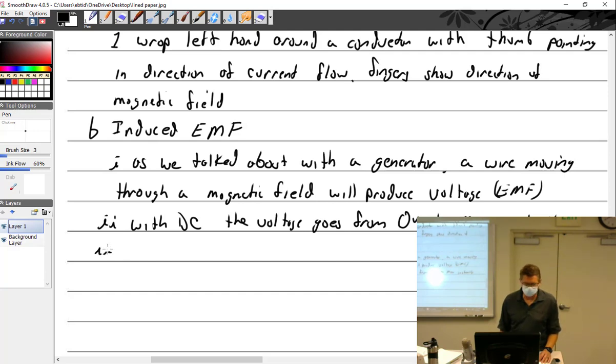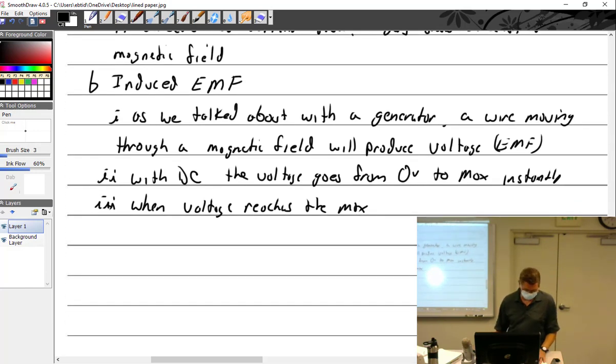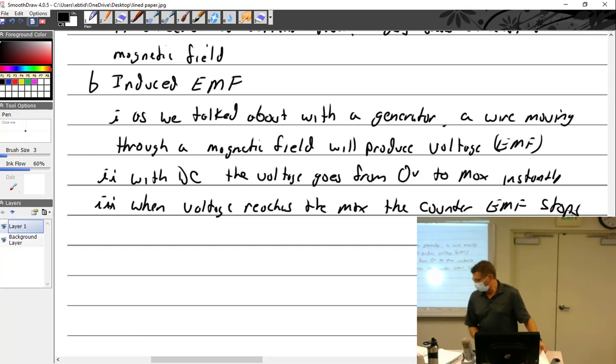And then when voltage reaches max, the counter EMF stops. Well, wait a minute. Now I just threw in counter EMF. Well, now I have to talk about that one. I didn't put this in here.